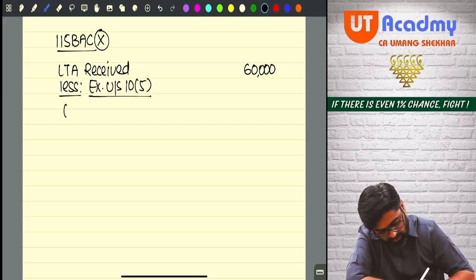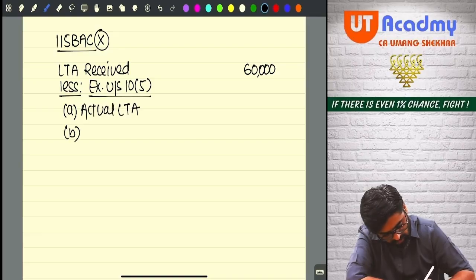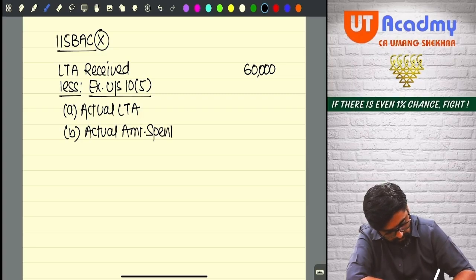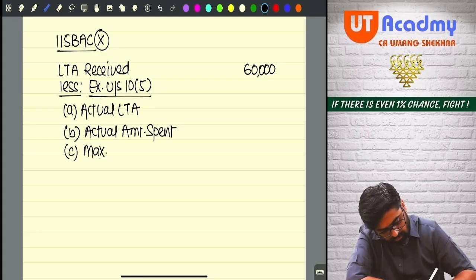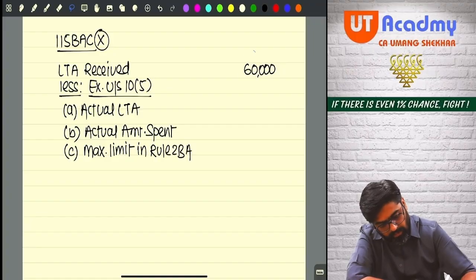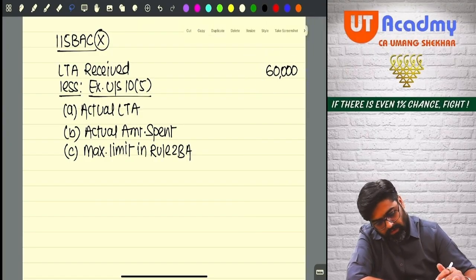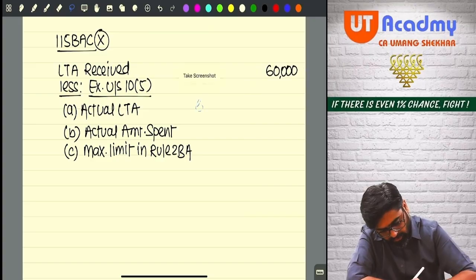How much will be exempt? A, actual LTA. B, actual amount spent. C, maximum limit in Rule 2B. Now tell me one thing, how much is the actual LTA? It is 60,000 only.